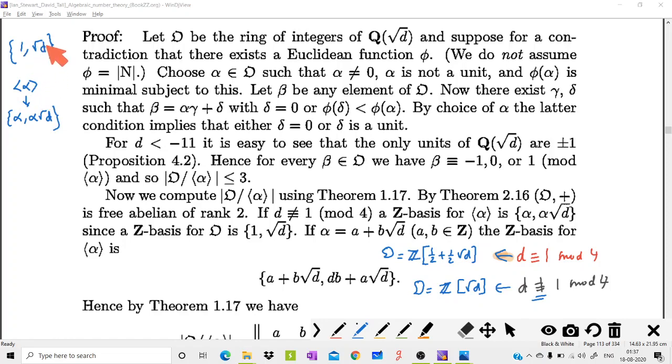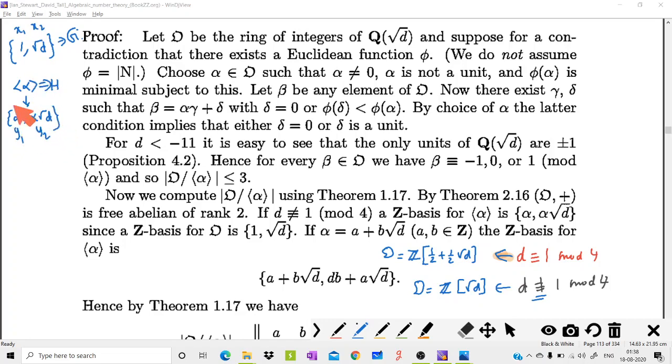We know that alpha and root d are linearly independent in some sense, so this is the basis for the ideal generated by alpha. This is the basis for H in theorem 1.17, and this is the basis for G. Using these two bases in that theorem we can take x1, x2 and y1, y2.